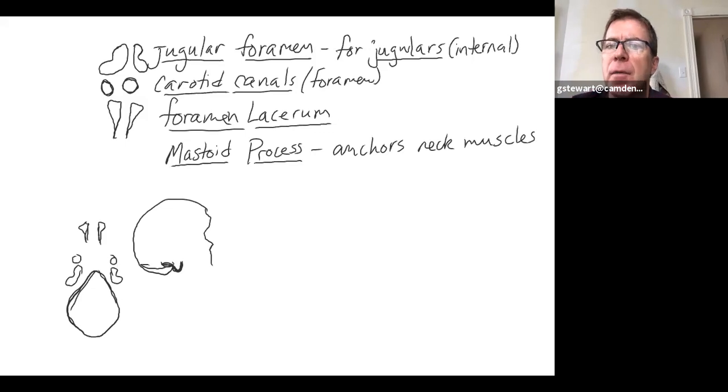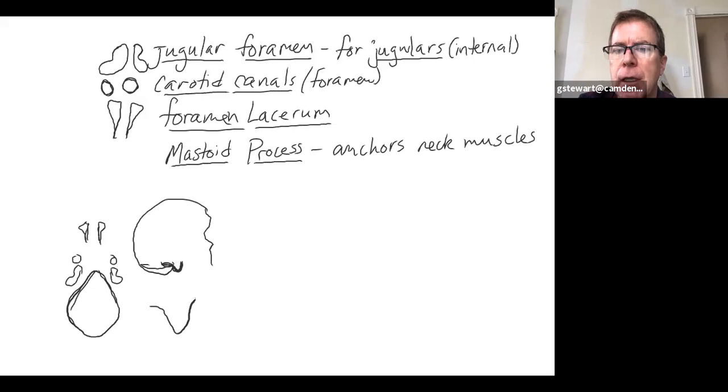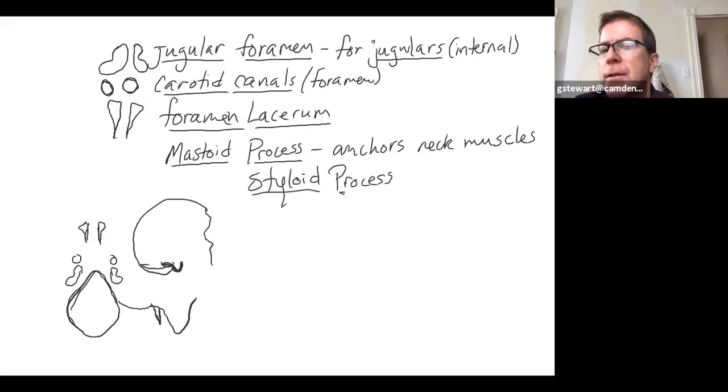And just medial to that, so if this is the mastoid process, even going further toward the middle underneath is a pointier process like this called the styloid process. It's really sharp and pointy. When I was young, I'm older than everybody in this class, we listened to music on vinyl.